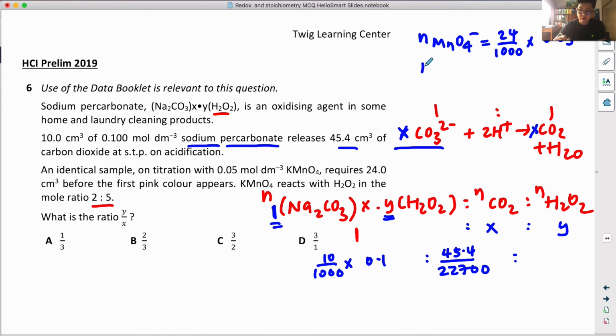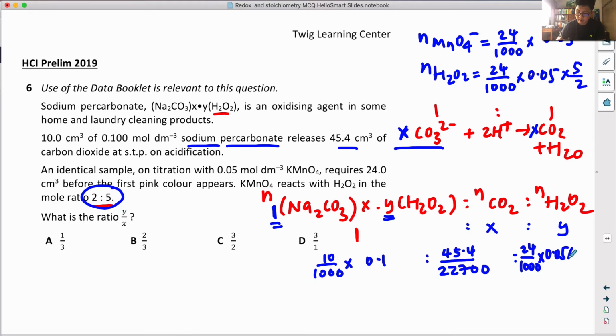But if you want to find the number of moles of H2O2, you have to use this, the number of moles of MnO4 minus. Since the ratio is 2:5, you have to times 5 over 2. So this will be 24 over 1000 times 0.05 times 5 over 2.